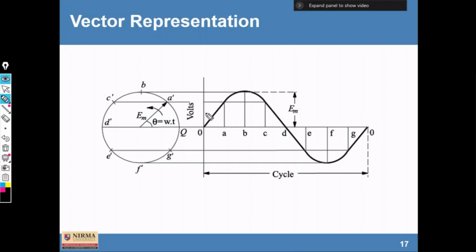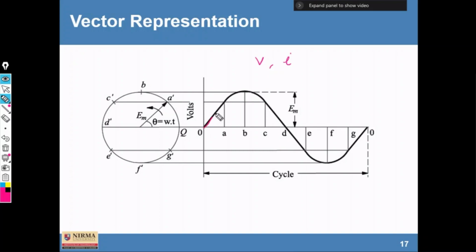Now, electrical quantities may be a voltage or current that we can represent in a vector form also. So here we know the quantity may be a voltage or a current.